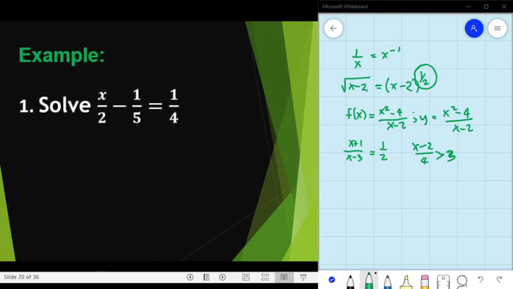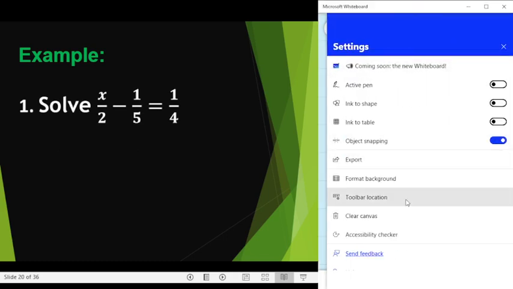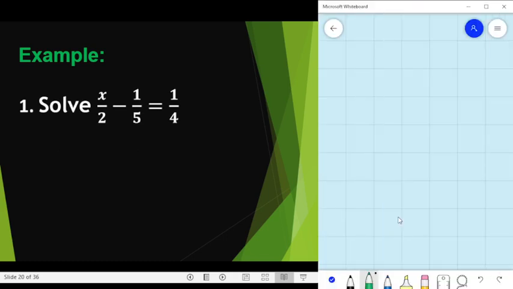Okay, so example number 1, we are going to solve x over 2 minus 1 over 5 is equal to 1/4.